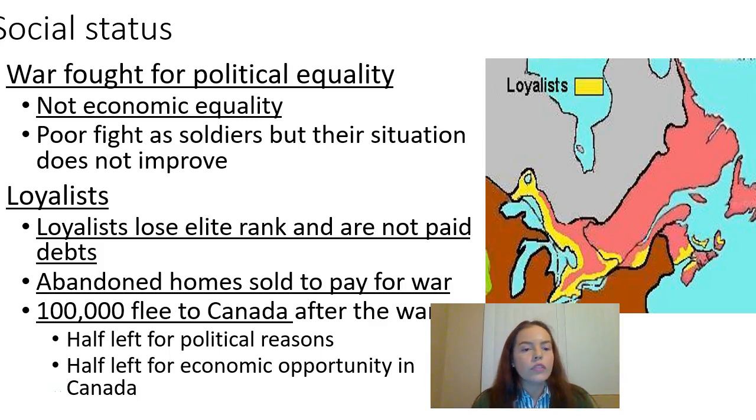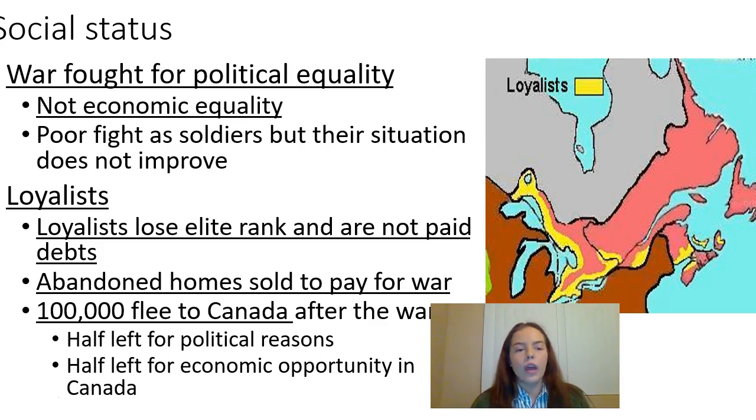As far as loyalists go, loyalists lose their elite ranks because there's no longer a benefit in being attached to the king and being loyal to the king. So before, we saw loyalists who were high in rank and in high positions of power, like judges, for example, and they no longer hold this elite status and this elite title.